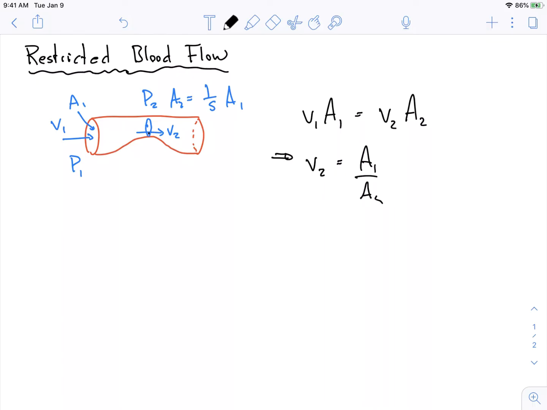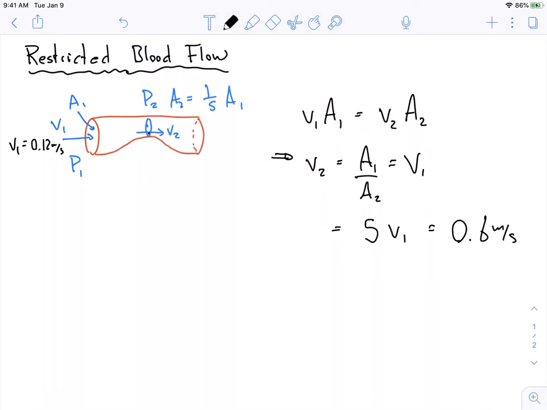A1 over A2 times V1, and we're told that A1 over A2 is equal to 5, right? The ratio is 5 times V1, which means that our velocity V2 is equal to 0.6 meters per second, given that we were told that this velocity up here, V1, was equal to 0.12 meters per second. Okay, so that's the first step.